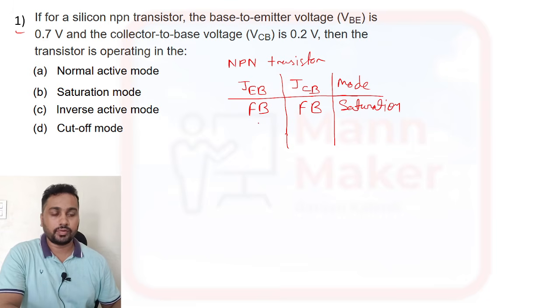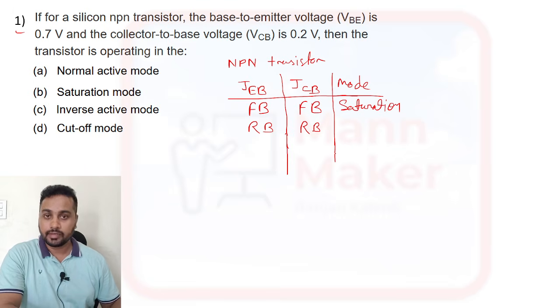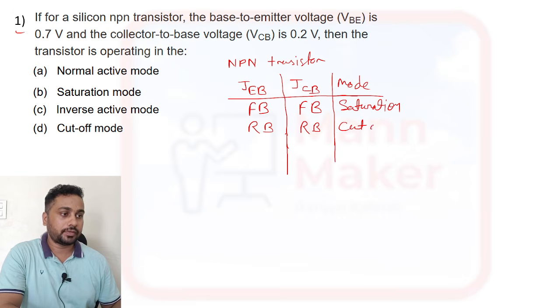When both junctions are biased in reverse bias, this operating region is called the cutoff region. When the emitter base is forward bias and the collector base is reverse bias, this operating region is called the active region.